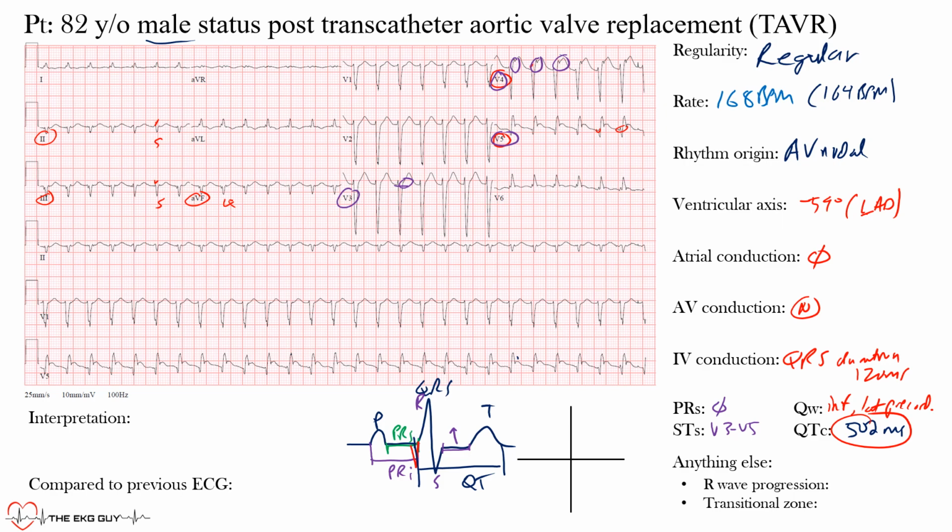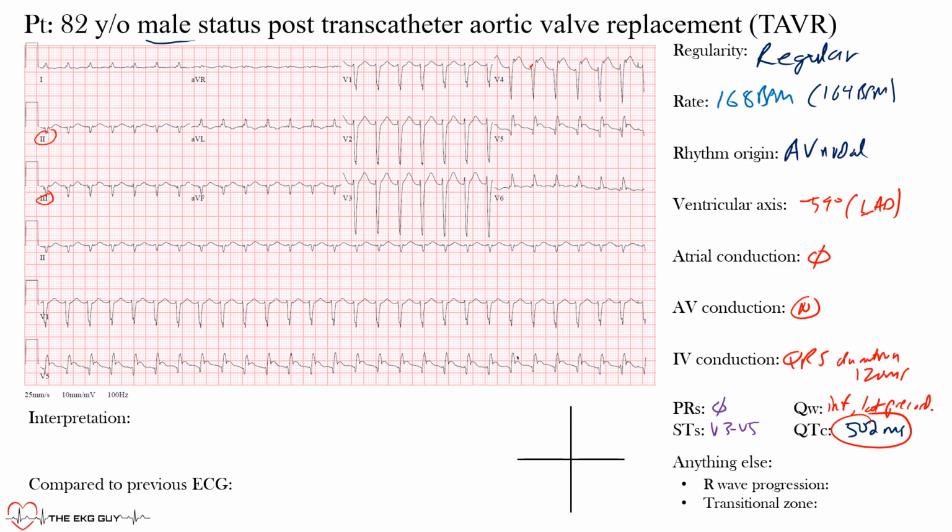Okay, is there anything else that we're missing? All right, so is there anything else that you can see that we have not talked about? Well, let's look at R wave progression. Remember that R wave progression, these last few things have to do with these precordial leads, okay? So the precordial leads are V1 through V6, so we're strictly looking over on this side of the EKG, all right?